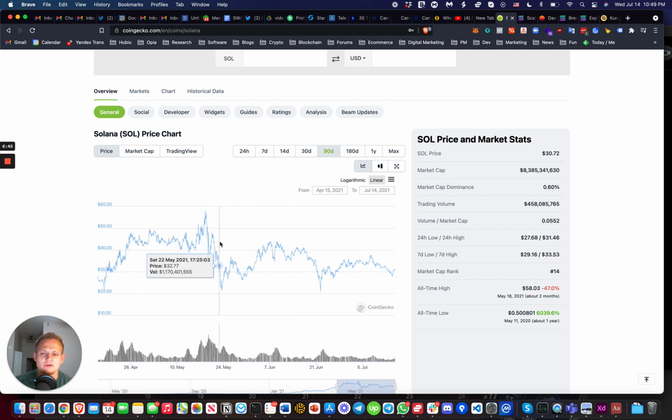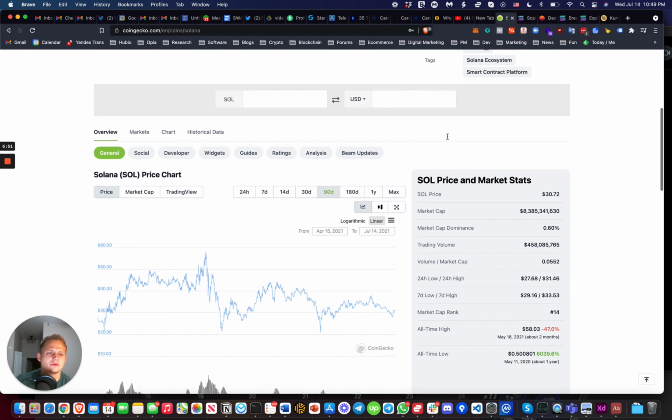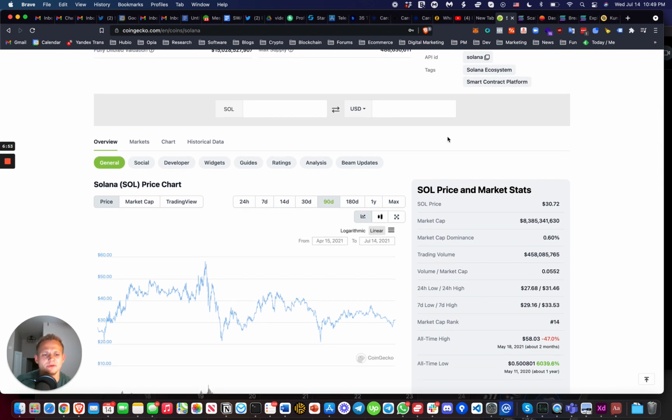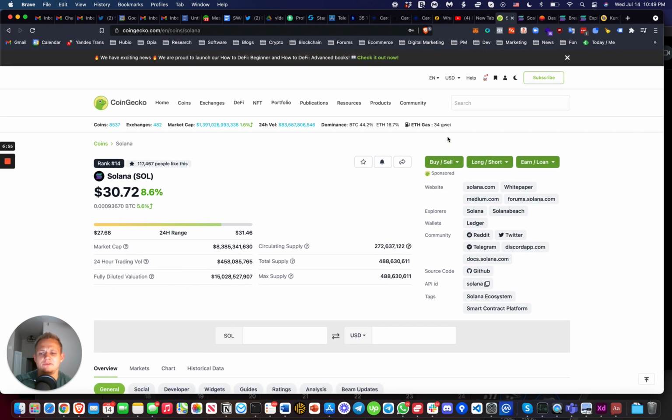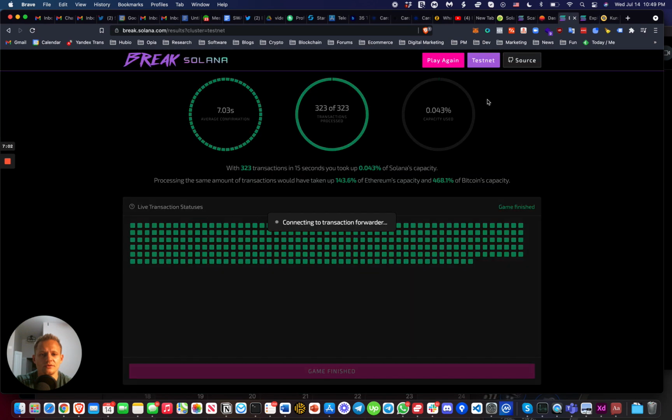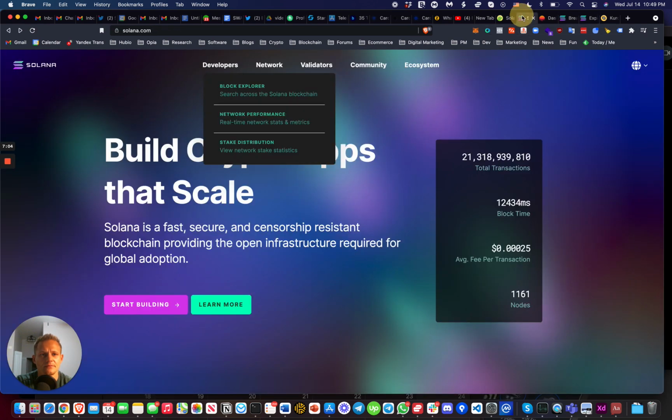It dropped by over 50% from its highs, but now it's at 31. That's less than 50% compared to Ether or Bitcoin that had over 50% drops, over 60% drops to be even more honest. Alright.